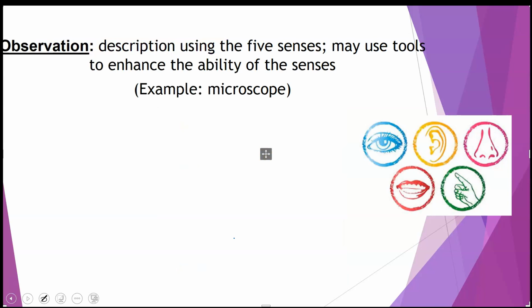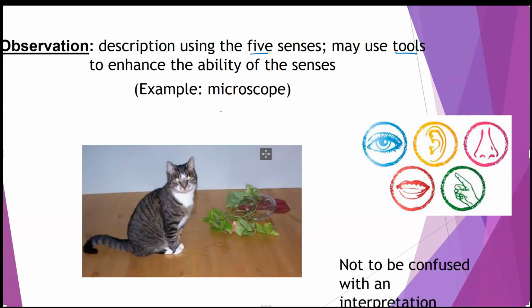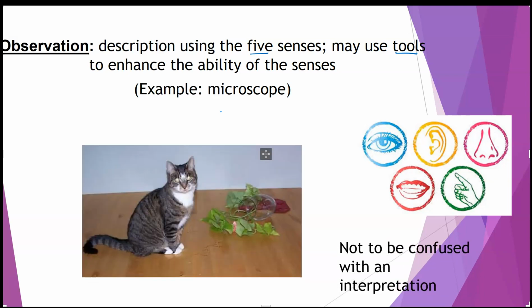So with an observation, we're going to be using those 5 senses we have, right? Sometimes you might use different tools to enhance those senses, such as a microscope. But these are all going to be what we use to be able to answer questions and kind of get an idea of what our initial concepts and questions are.